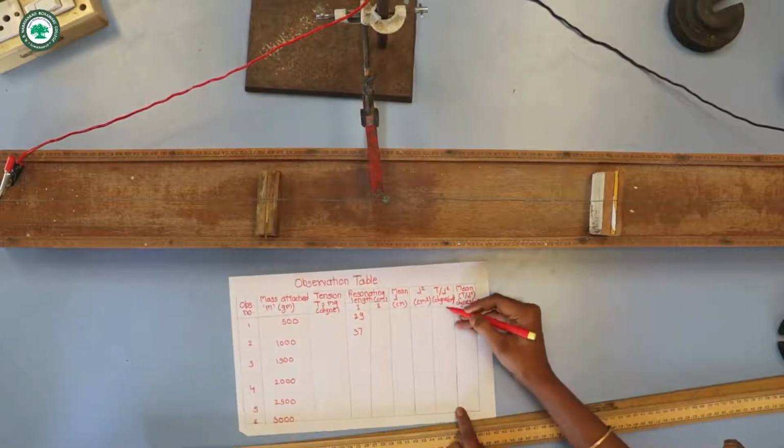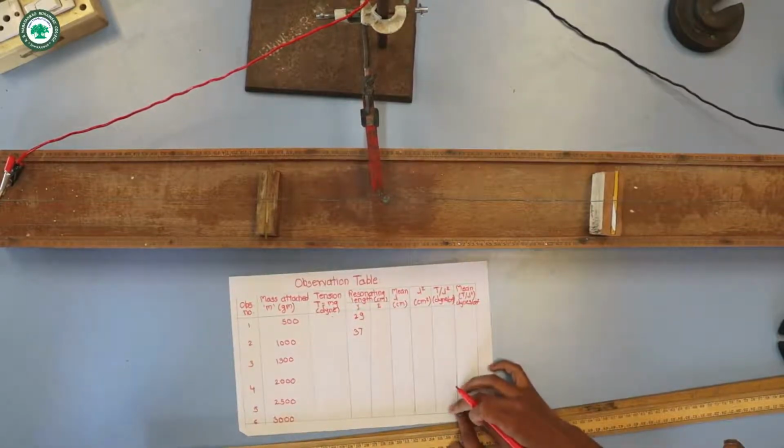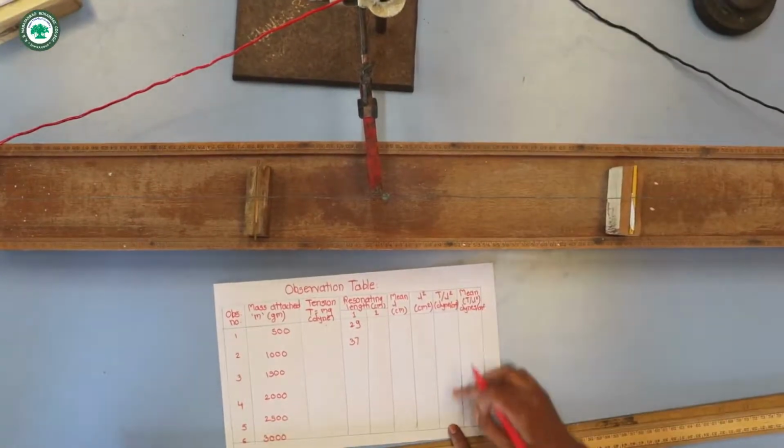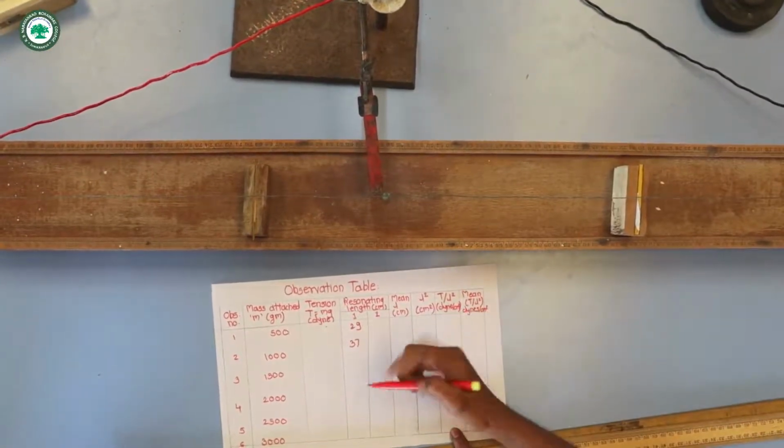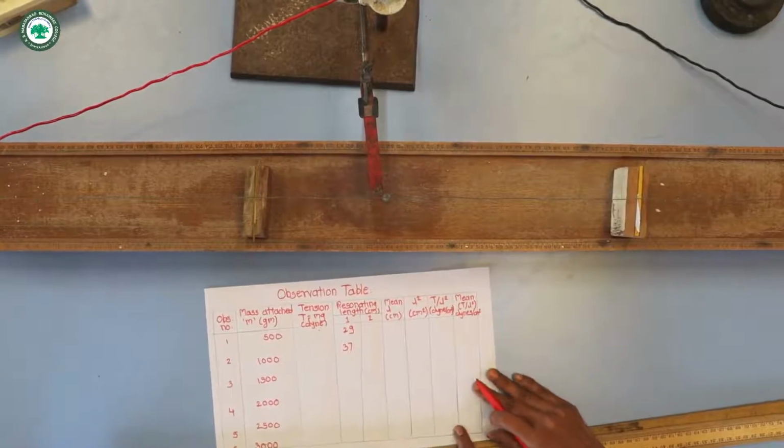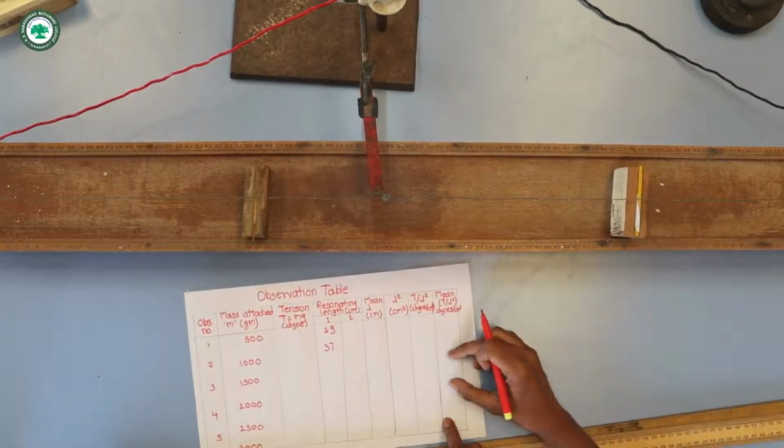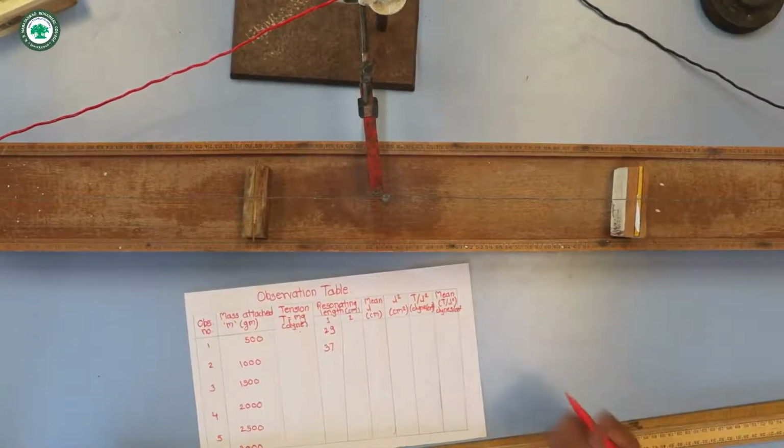By calculating this T by L square for these 6 different readings, one can calculate the mean T by L square.